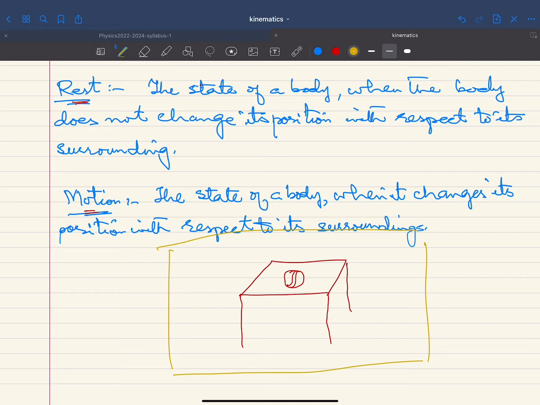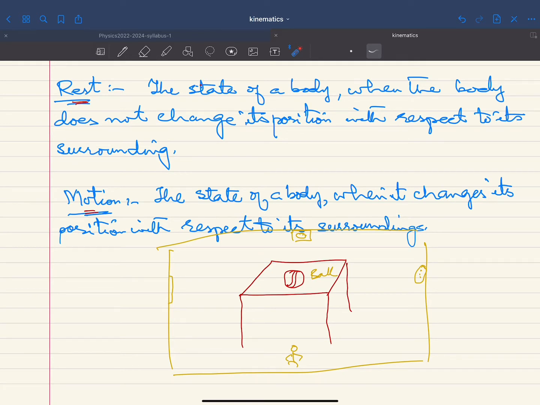On one side suppose we have a picture, on one side a clock, on the other side a television set, and somewhere here a person is standing. If this ball is not changing its position with respect to all these surroundings and all these things around the ball, we will say that the ball is at rest.